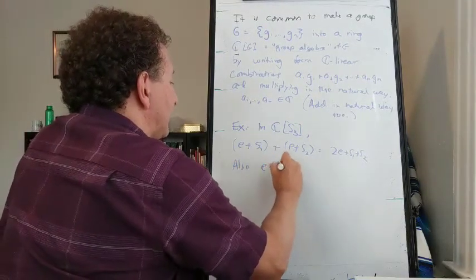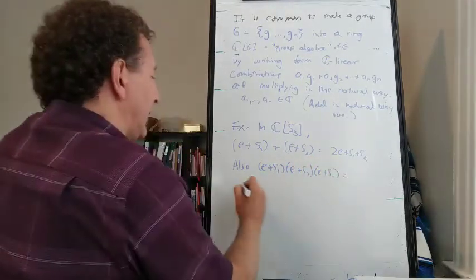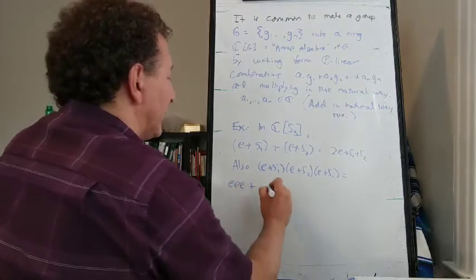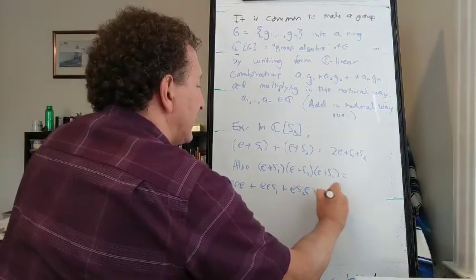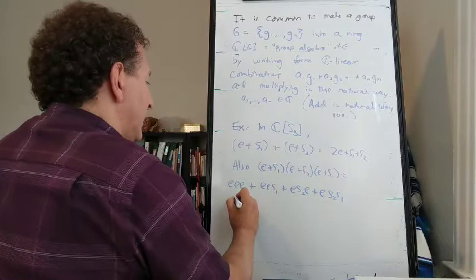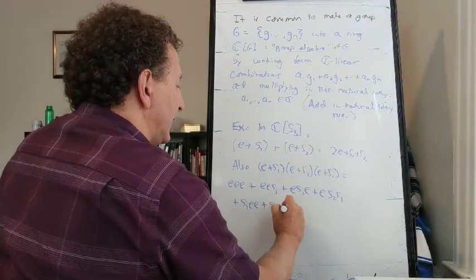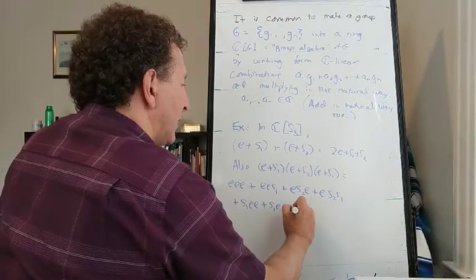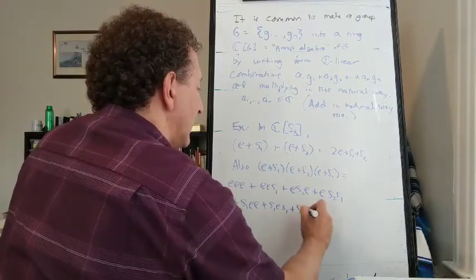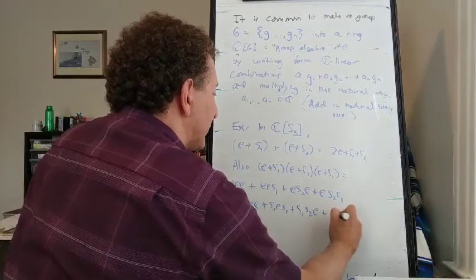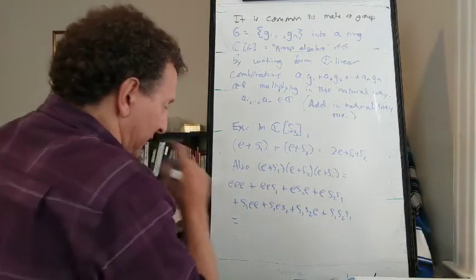Also, if we multiply E plus S1 times E plus S2 times E plus S1, then we get EEE plus EES1 plus ES2E plus ES2S1 plus S1EE plus S1ES1 plus S1S2E plus S1S2S1, which is, then we just multiply group elements to whatever they turn out to be.